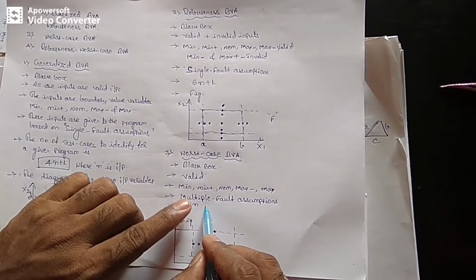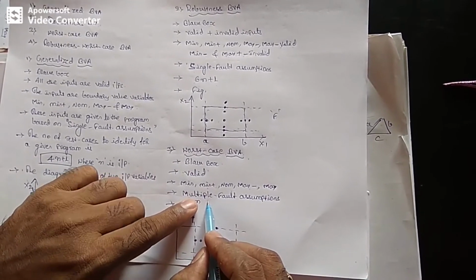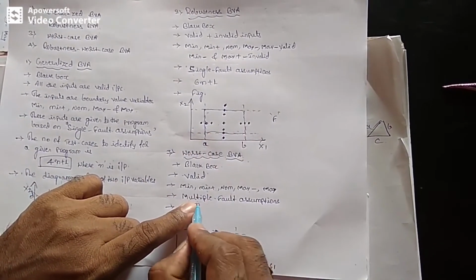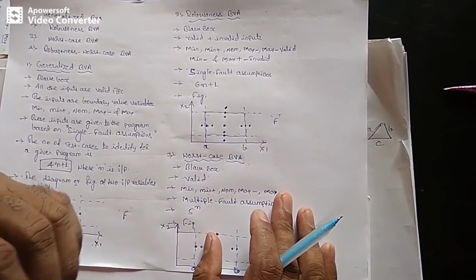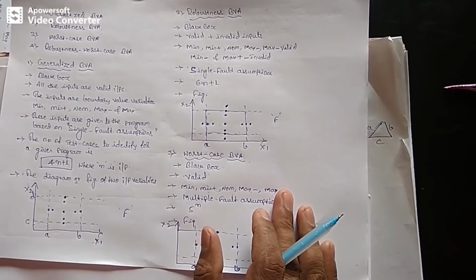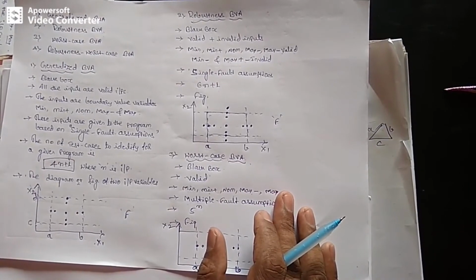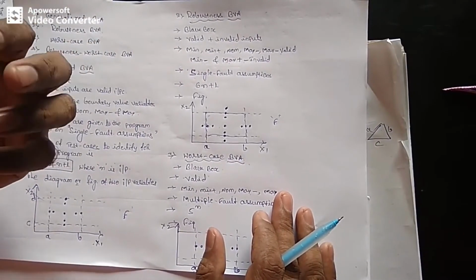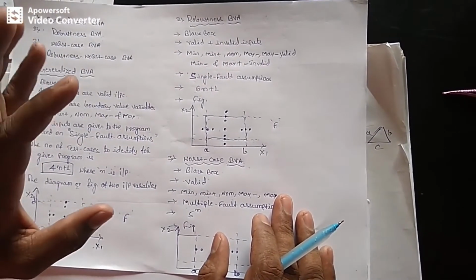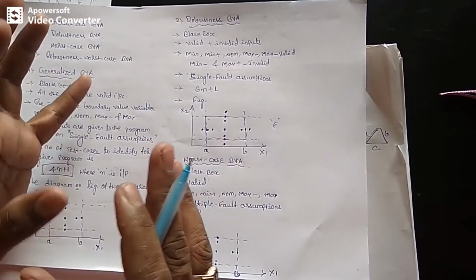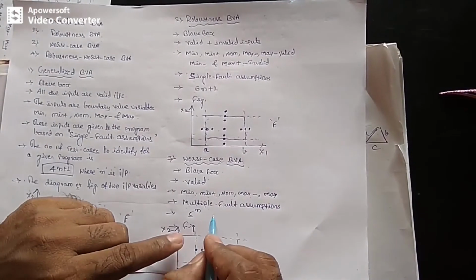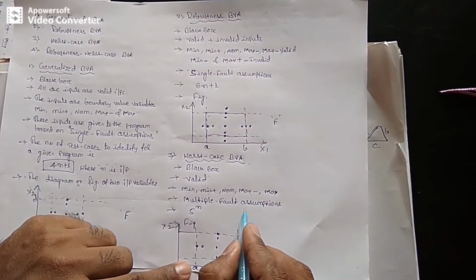But here there is no such single fault assumption. It is a multiple fault assumption. Two or more inputs change with respect to the boundary values, and other inputs also change. There is no such restriction, so all the input variable values keep changing across different sets of input parameter lists.